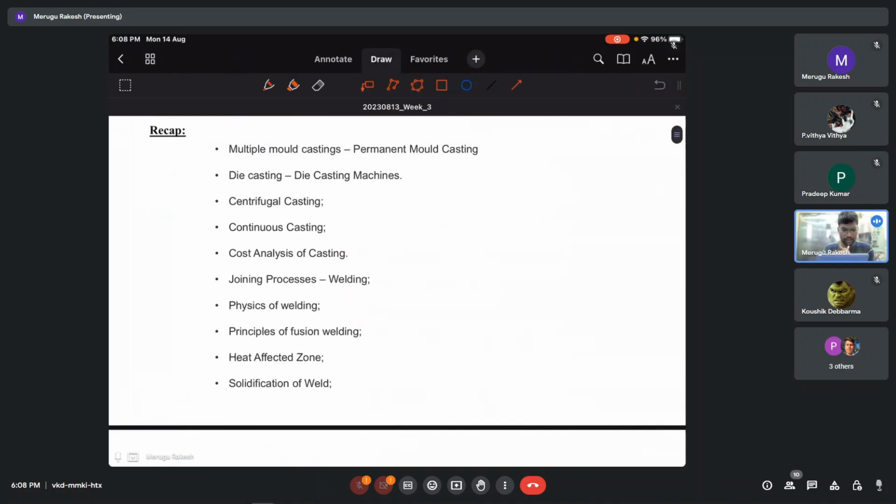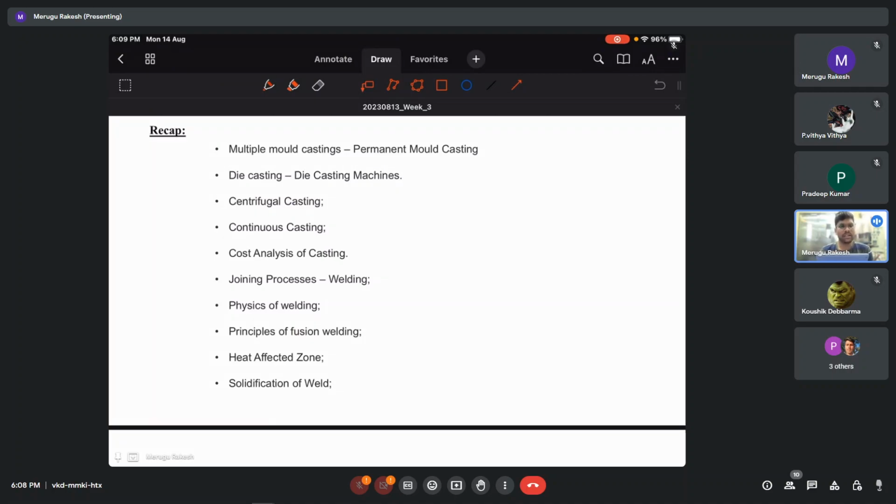So initially it will be recap. These are the different topics that were taught during this week, that is week three. So I will just read out. One thing regarding permanent mold casting and die casting, and then different types of casting such as centrifugal casting, continuous casting. Then we briefly went through the cost analysis of casting. Then we also started the joining process such as welding.